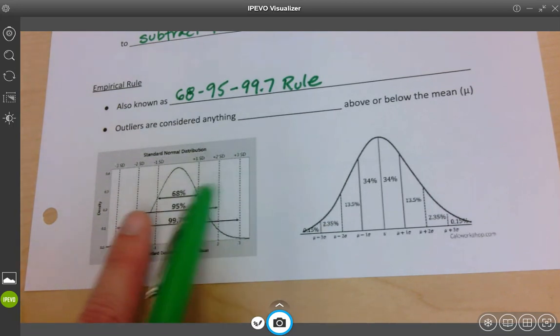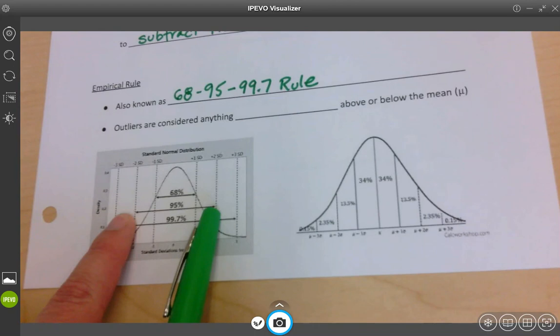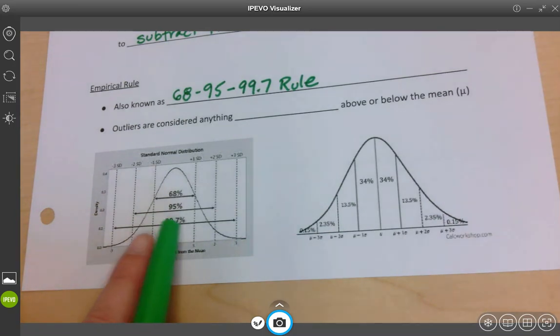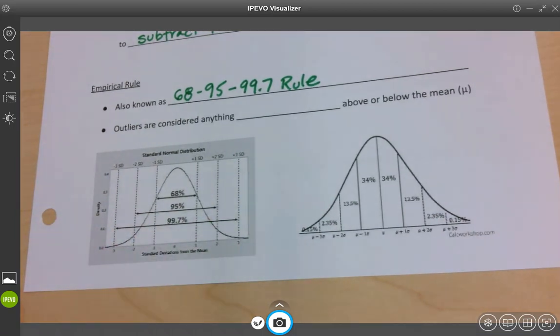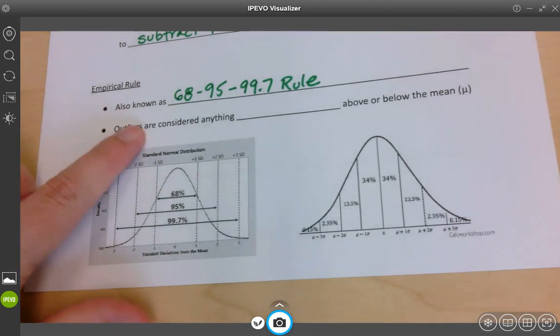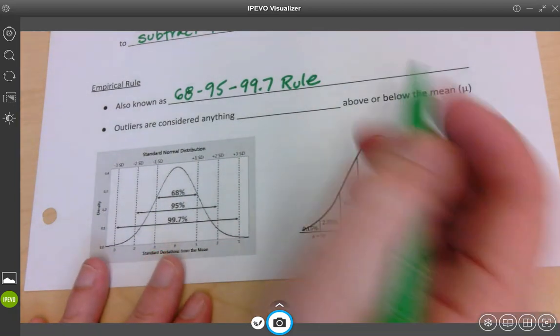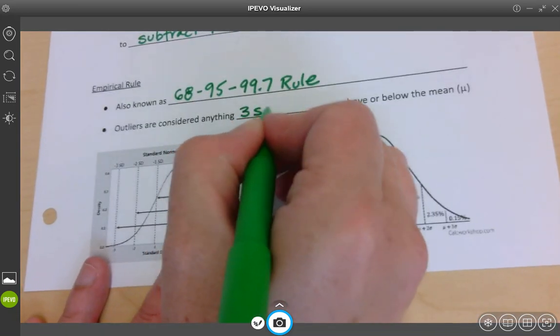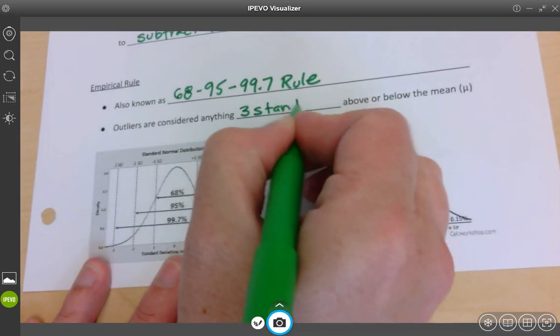But even more powerful is 95% of women are within 2 standard deviations of that mean. And then 99.7% of women would be within 3 standard deviations of that mean. That's almost everybody. So outliers are considered anything that is 3 standard deviations above or below the mean.